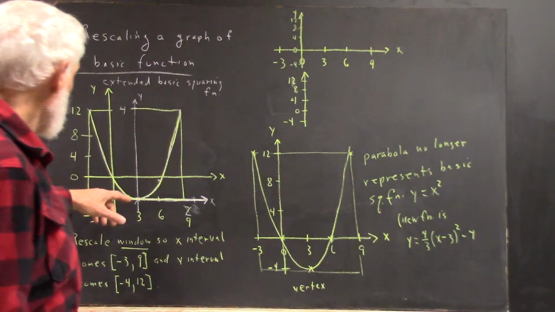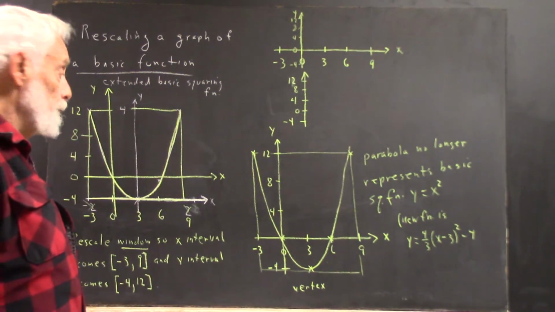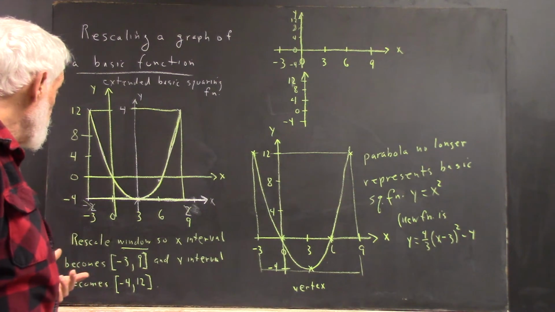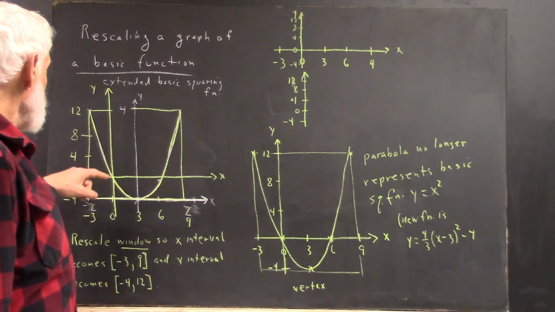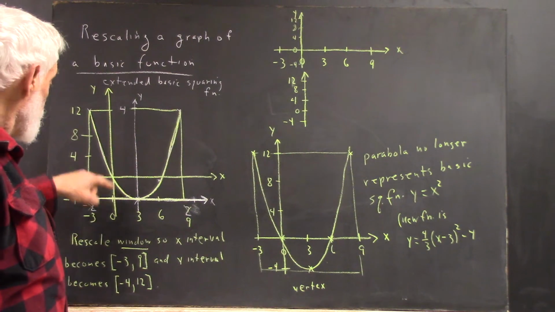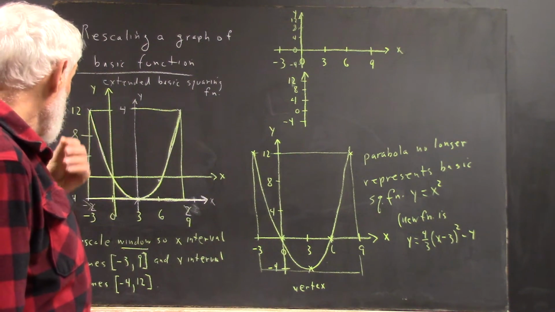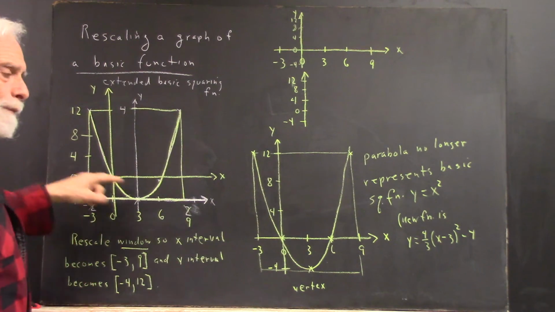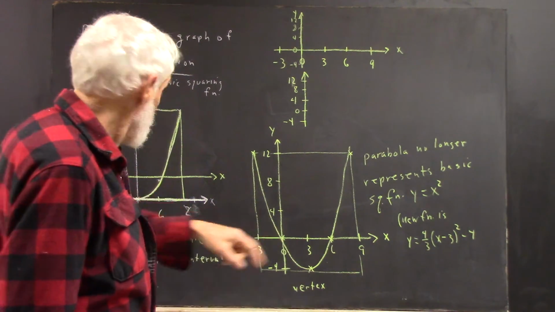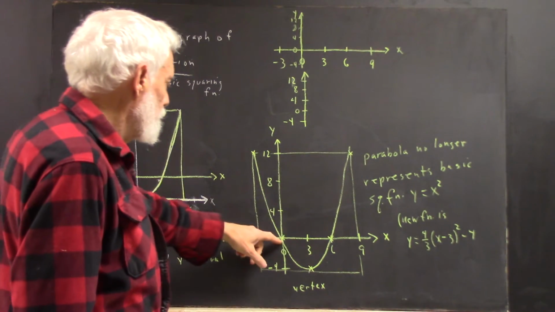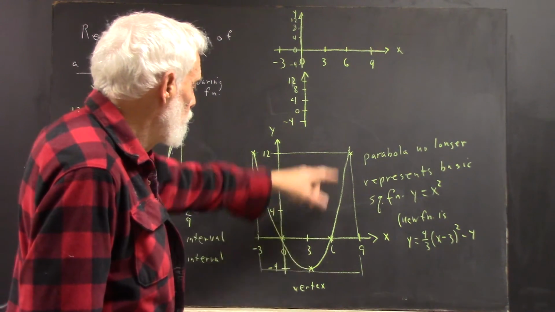And we can see clearly from this graph what the coordinates of the various points have to be. This point here is the -1, 1 point of the basic squaring graph. It's going to be the origin of this graph, and so forth.